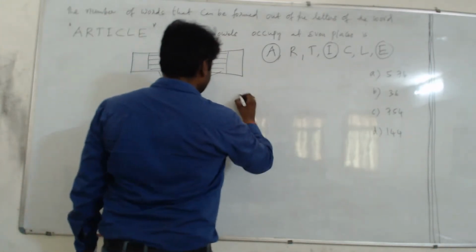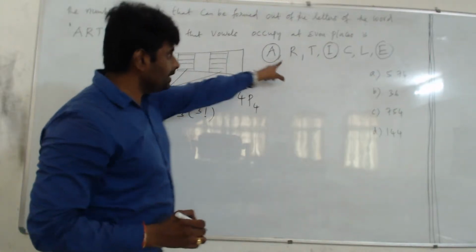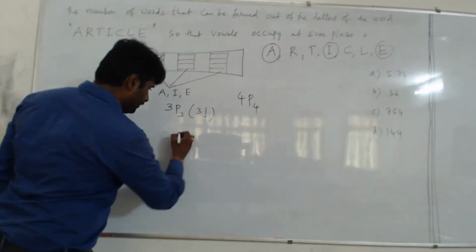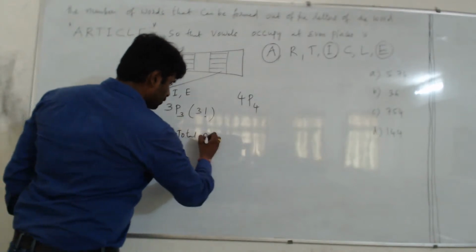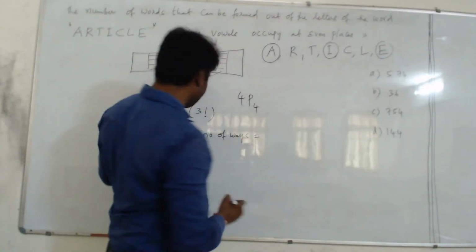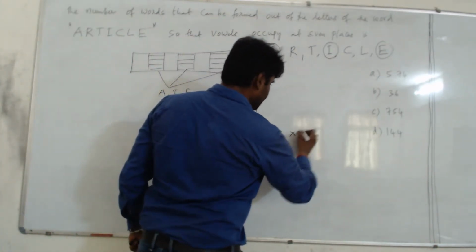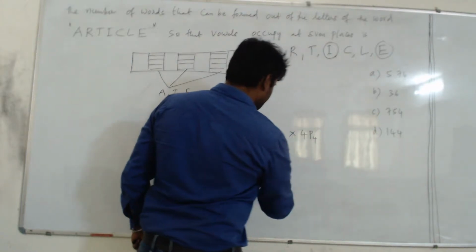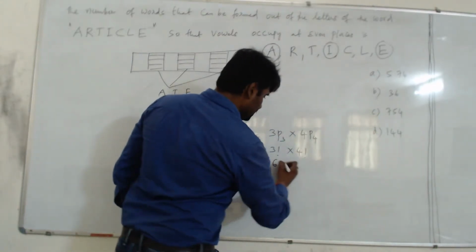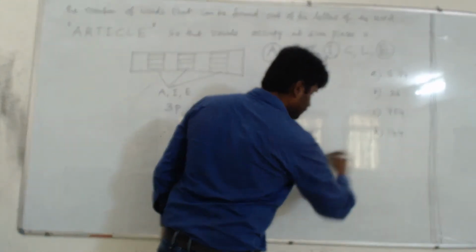Therefore, the total number of ways equals 3P3 into 4P4. 3P3 means 3 factorial, 4P4 means 4 factorial. 3 factorial into 4 factorial means 6 into 24, which is 144.